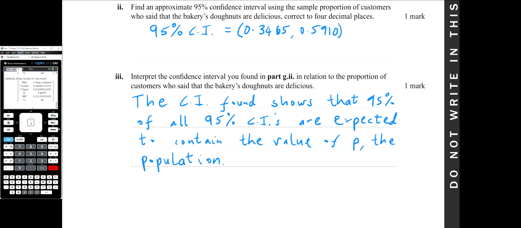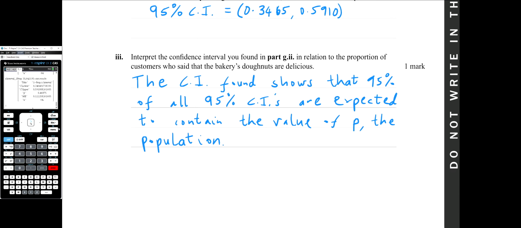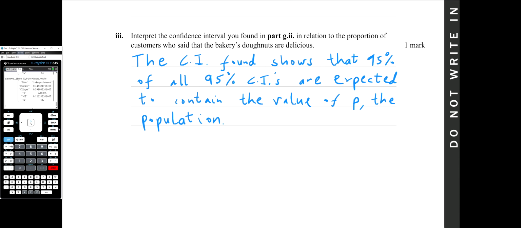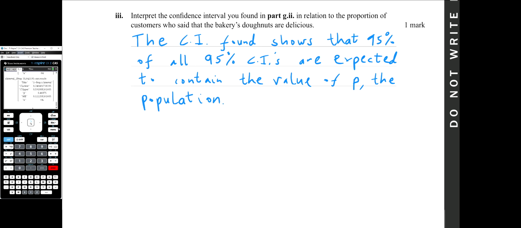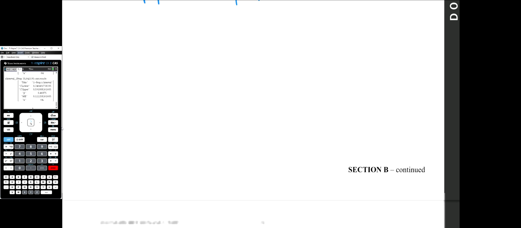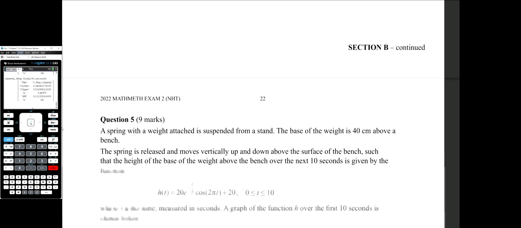You can of course change the words around, but we need to get the idea across that 95% of all these 95% confidence intervals will be expected to contain the actual value of P, the population proportion. And there we have it. Okay, so that question is done.